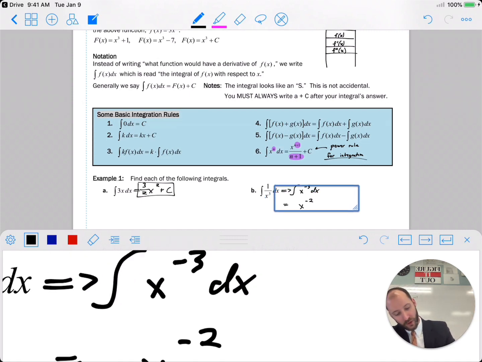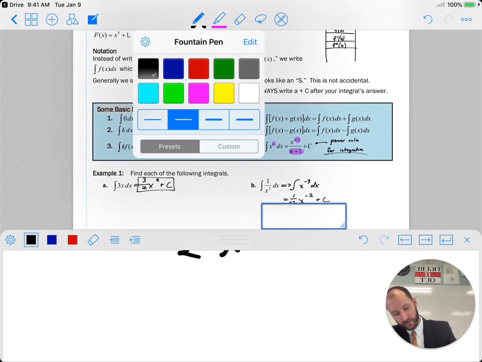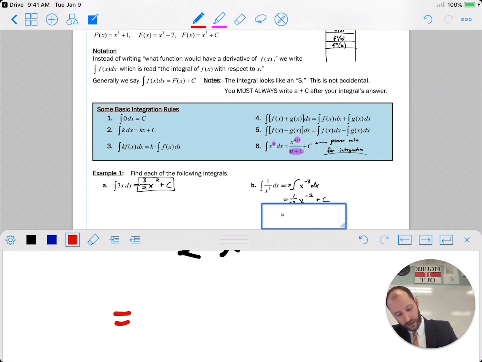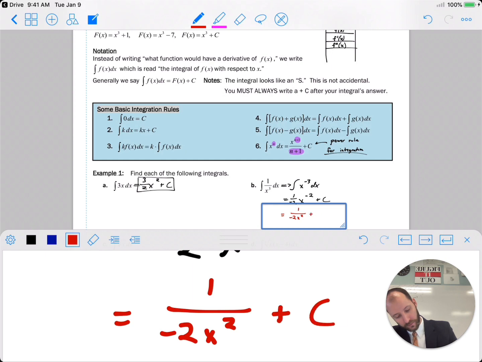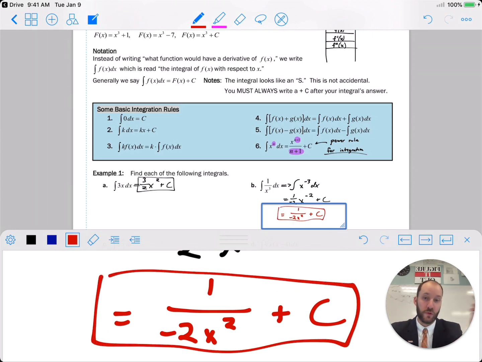So we have a 1 coefficient, so 1 over -2. And don't forget to plus c. And you simplify that down, 1 over -2 x squared. Kind of doing that algebraic manipulation if you have to.